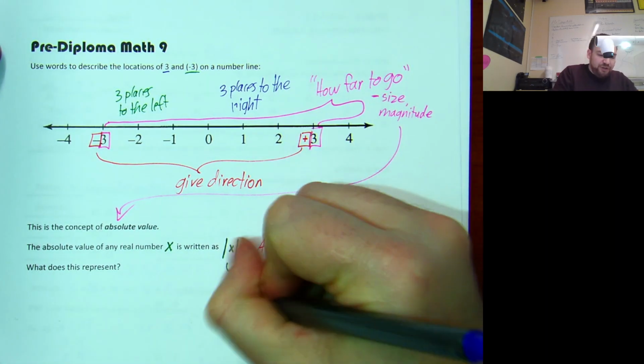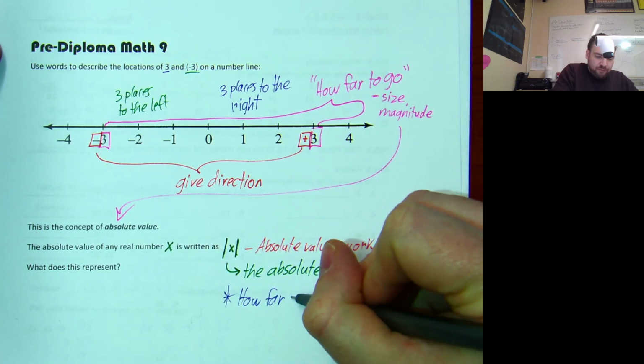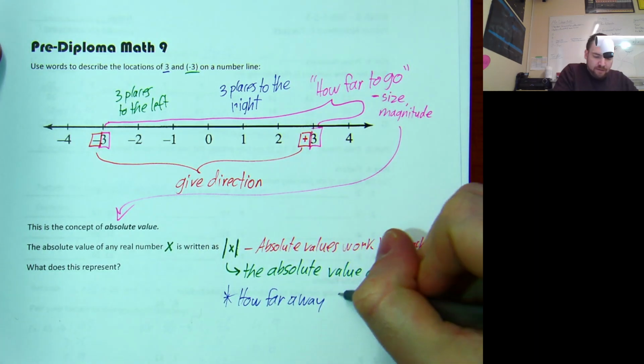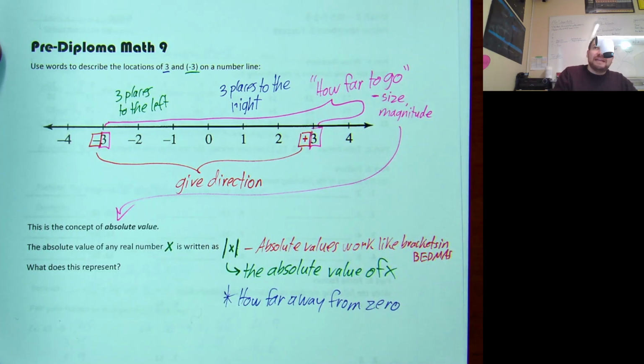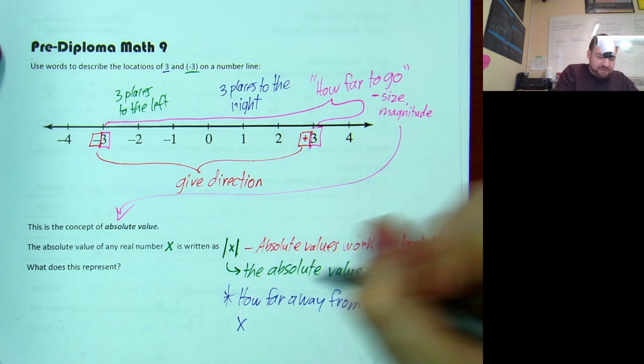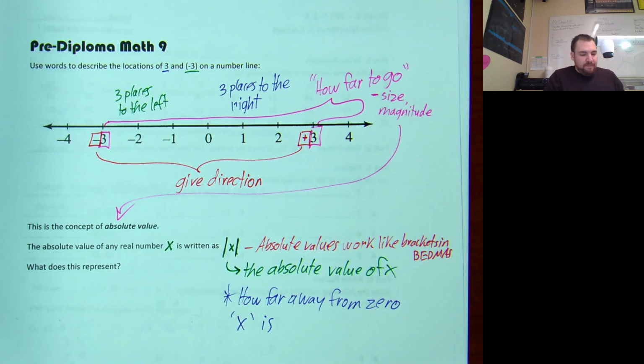And what they tell you is how far away from 0, in this case we're talking about x, we want to know how far away from 0 x is. We don't care which way. All it returns to us is the magnitude piece.